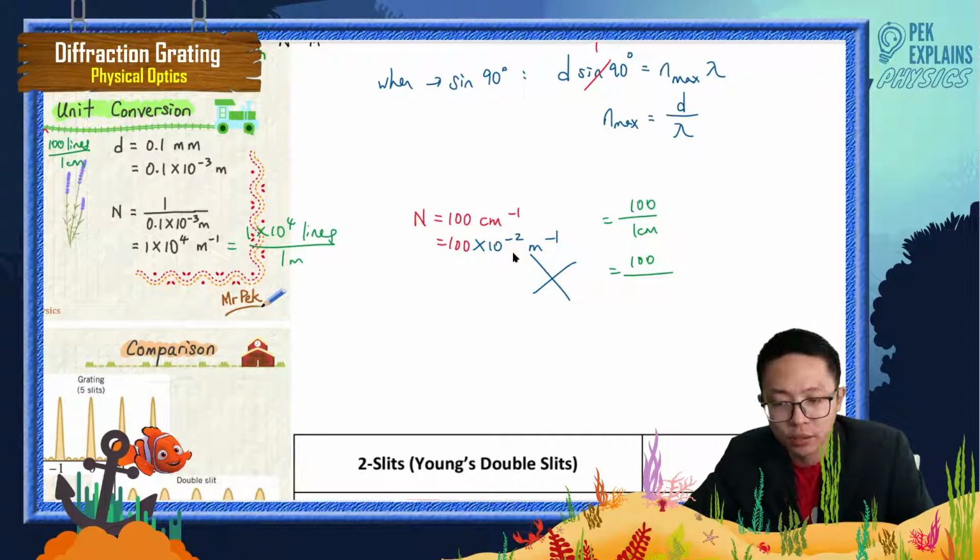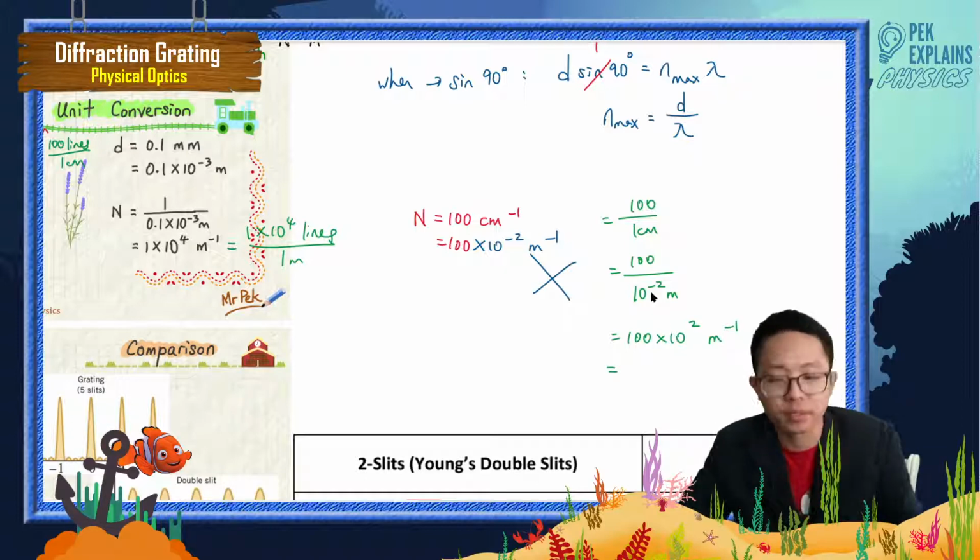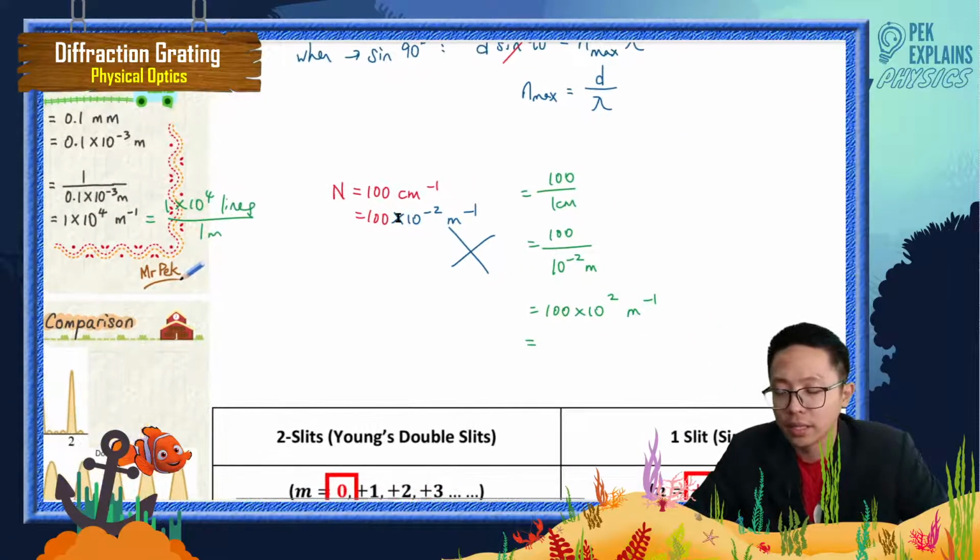Centi is actually below, not above. So here is exponent negative 2 meter. So if you go above, it becomes positive 2. It becomes like that. Actually, this is the way. So instead of exponent negative 2, actually it is exponent 2. You change like that, it's wrong already.